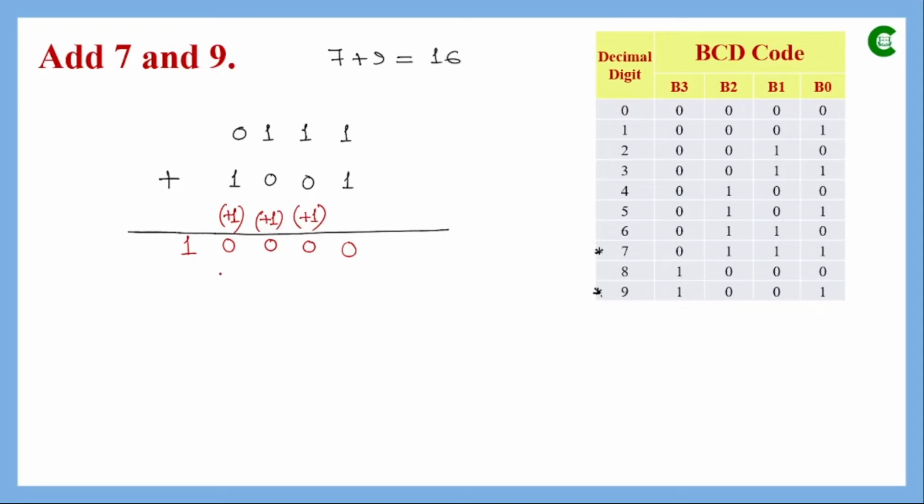But here if we look at the first 4 digits of this result of addition, we can see that all are zeros. Apparently it may seem that 0000 is a valid BCD code and that the equivalent decimal digit is 0, but it is not, because when we performed the addition for the MSB, that addition also generated one carry, which we have propagated to the next level.